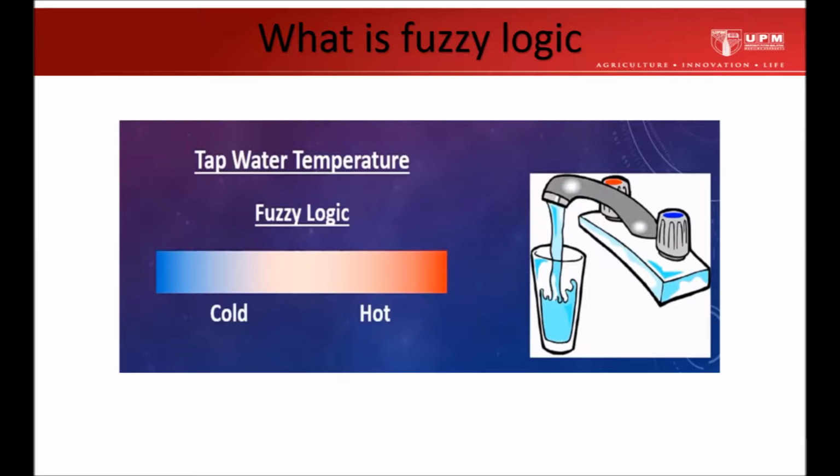So in this example, which is water temperature, as you can see, this is traditional logic. In this one, you might have either cold water or hot water. So in your system, it might have true 1 and false 0, so only cold water and hot water.